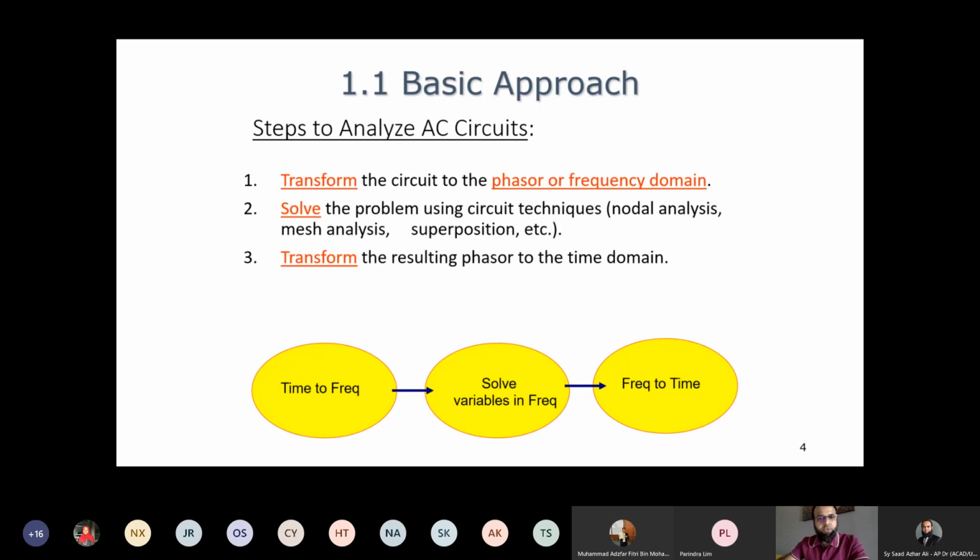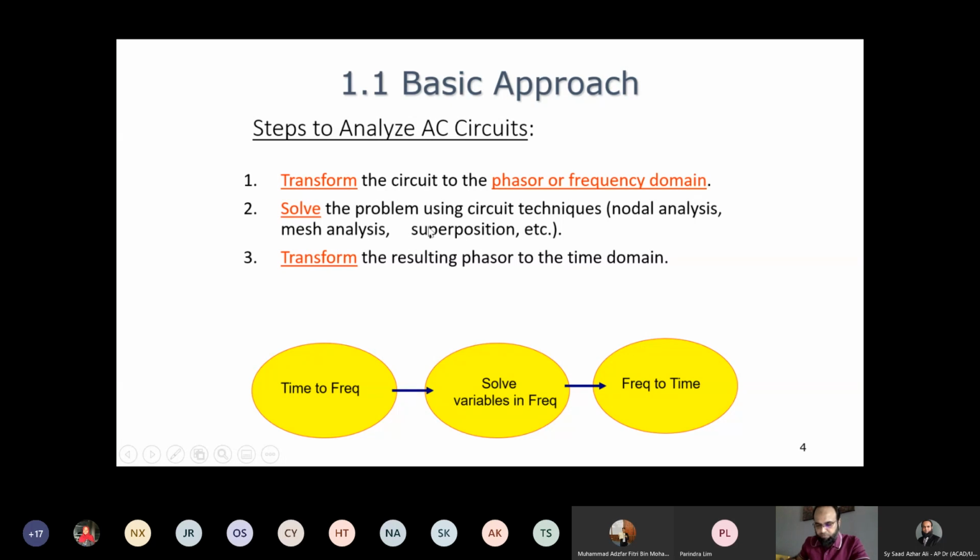So the basic approach for network analysis in this particular course, how to analyze AC circuits, we will use all the theorems from circuit theory. We will use node analysis, mesh analysis, and everything. But the step that we have to add is that we transform the circuit to the phasor or frequency domain, and we have learned a bit about that in the previous tutorial.